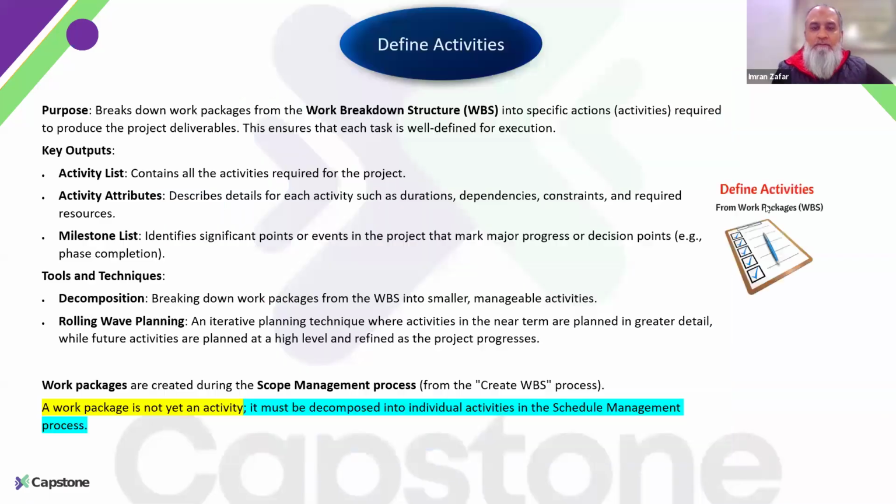So once we have the schedule management plan, we know how we will be developing, monitoring, and controlling our schedule throughout the project. So the next process is where we define the activities. If you remember last time when we talked about work breakdown structure, there we decomposed the work breakdown structure till the work package level.